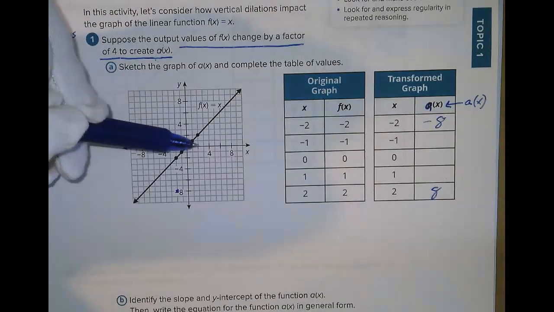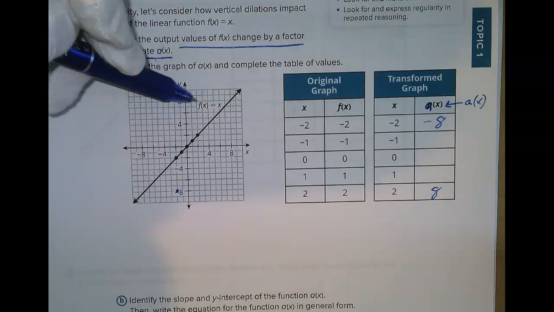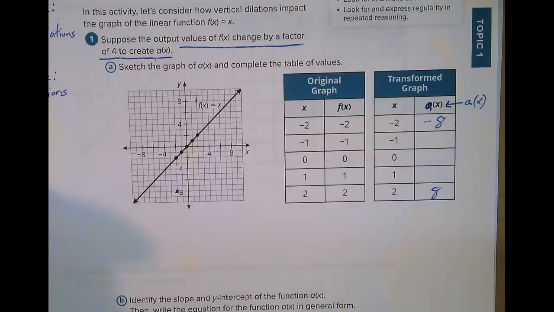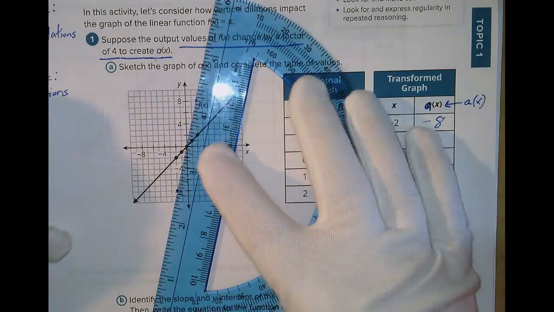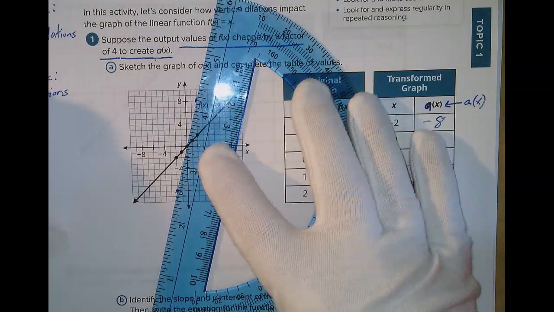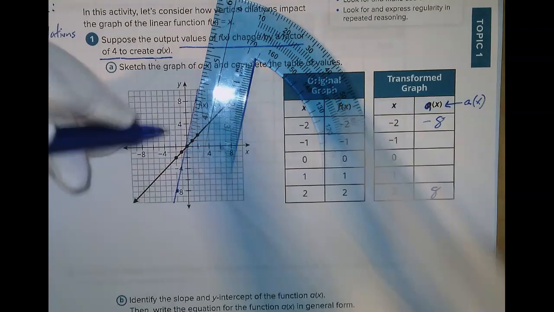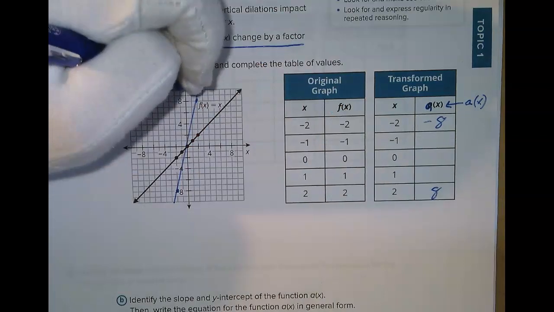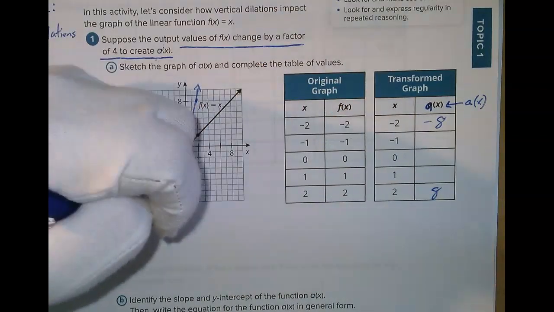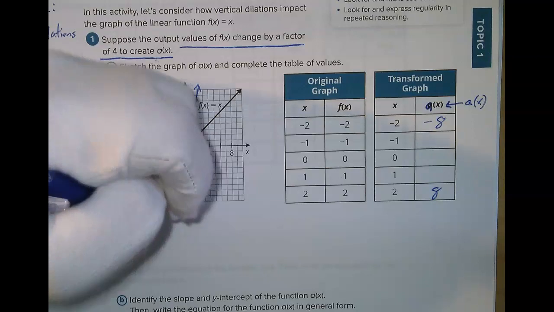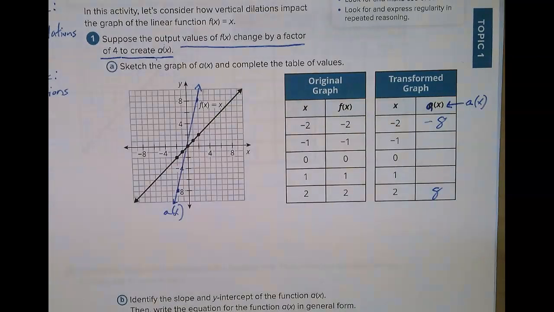So 2 up to 8. And you can plot your other points too to make sure that they fall on the same line, but take your straight edge or the edge of your protractor and draw this line a of x. And I'm also going to label it right here. So that is your line a of x.